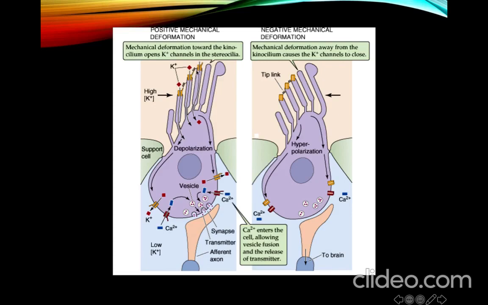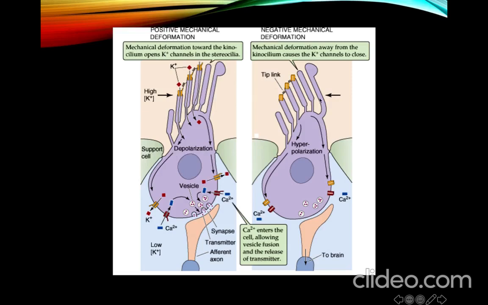Whenever these channels are opened, positive ions, in this case potassium ions, enter the cell. When more positivity is inside the cell, it leads to depolarization.